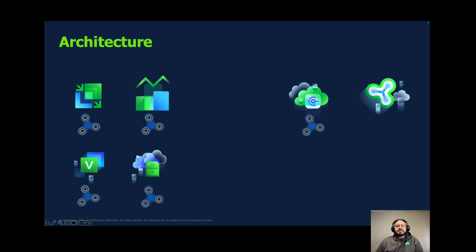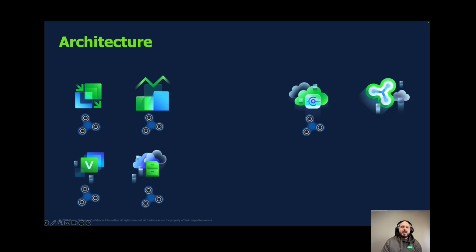If we look at the architecture here, we see where the management agents are. We start with the very far right. We've got your service provider console. The service provider console is connected to your Cloud Connect server, and the management agent is installed on your Cloud Connect server, right? I use the blue fidget spinner icon because when you look at the management agent icon when it's installed, it does look like a fidget spinner.